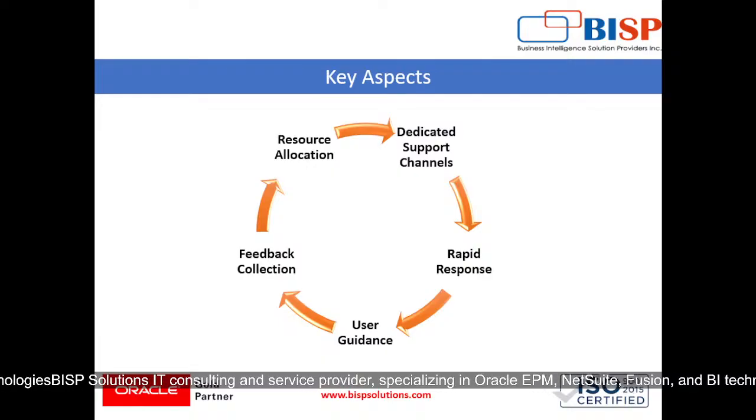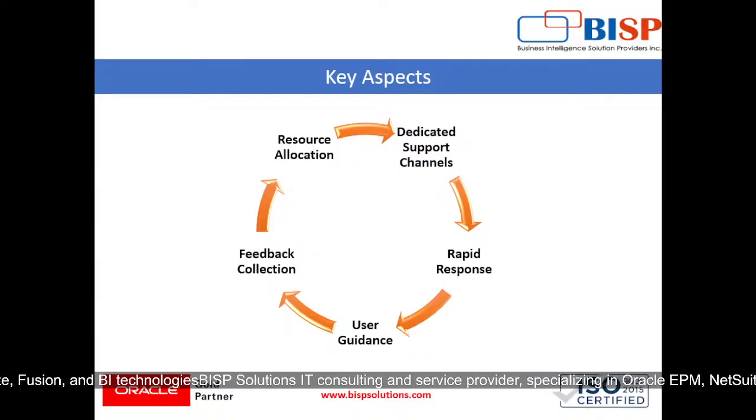Then rapid response, where we will be implementing a system for quickly triaging and resolving user issues with clear escalation paths for critical problems. Then for user guidance, we will be offering FAQs, user manuals and video tutorials to help users navigate the system, which reduces the need for direct support.